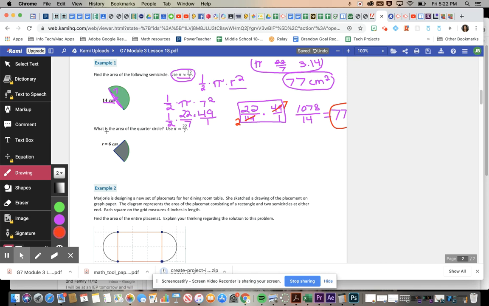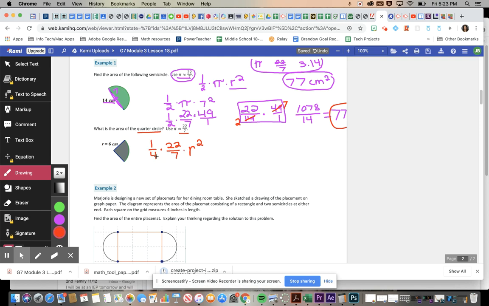Okay, let's look at what is the area of the quarter circle. Remember our formula for a quarter of a circle is we're going to use our fraction 1/4 times, and again, we're going to use this 22 over 7 times our radius squared. This is our pi times radius squared.